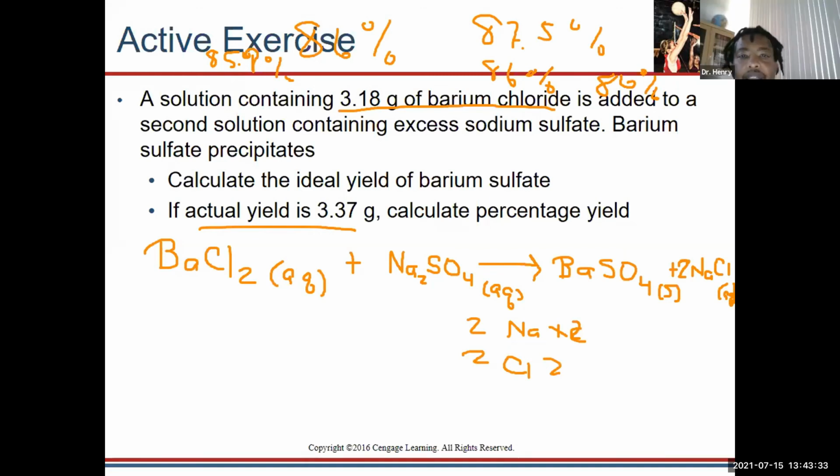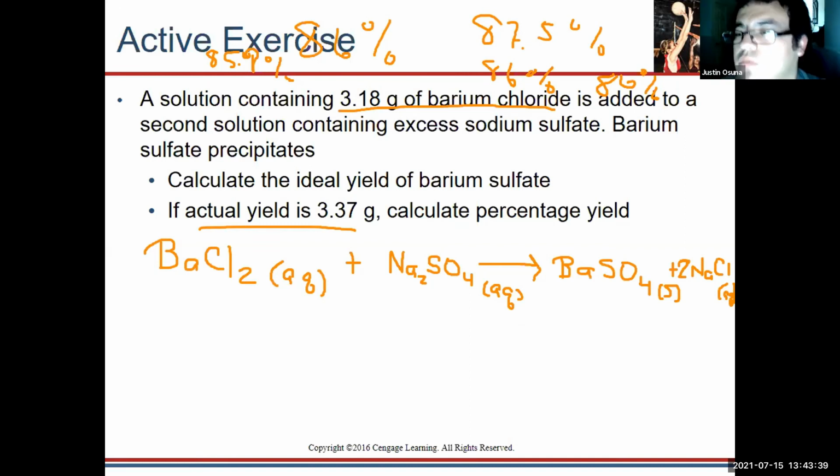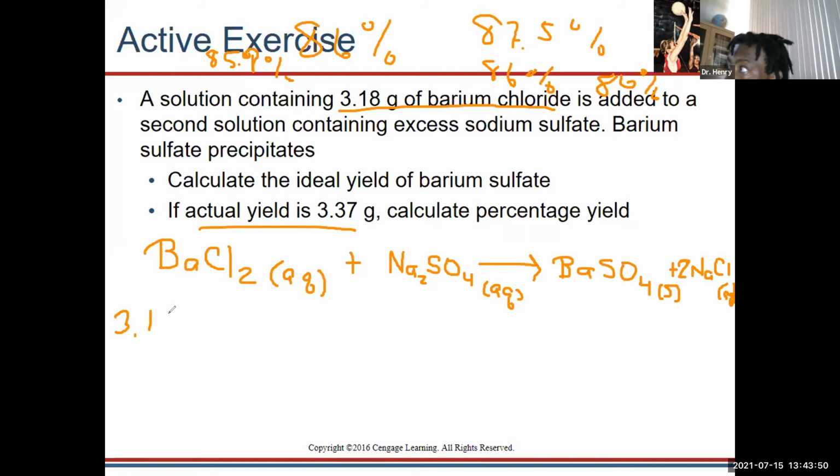So now that we have a balanced chemical equation, I can use my given. So I have 3.818 grams of barium chloride.